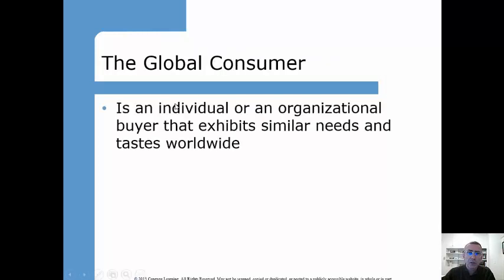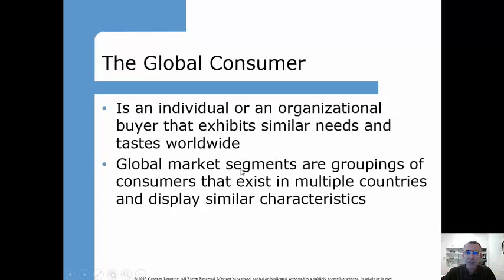The global consumer is an individual or an organizational buyer that exhibits similar needs and tastes worldwide. Notice that it could be an organizational buyer as well, but they have similar needs and tastes. This is where we go between the concept of heterogeneous versus homogeneous markets that behave the same, right?